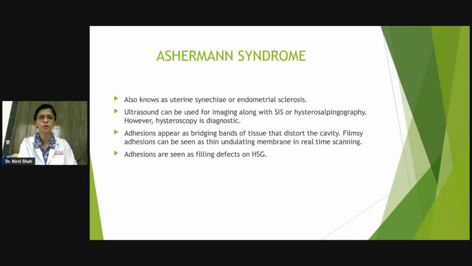Ideally, hysterosalpingography along with SIS is done as a first line to check for adhesions, though hysteroscopy is diagnostic in such cases. Adhesions would appear as bridging bands of tissue which distort the cavity.